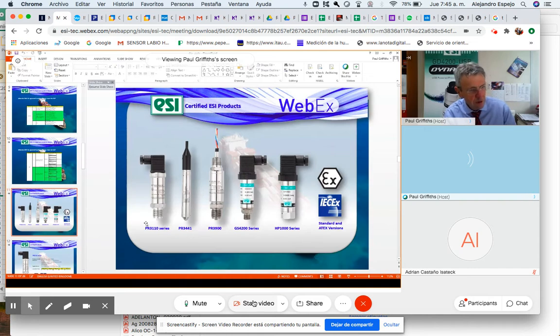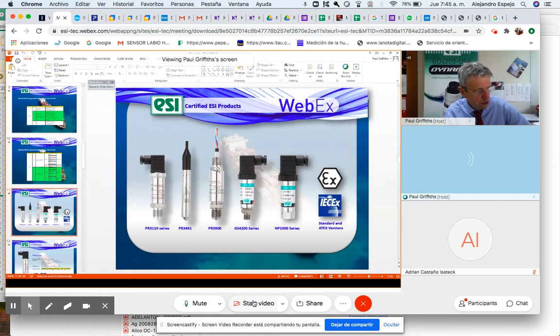So we can cover from 0.1 bar to 5,000 bars, any pressure range on the ship. And then we have the PR3900, which is the one I showed you before with the aluminium head, and then the submersible for level measurement. So with these 5 products, we have a very broad coverage of applications on board a ship.